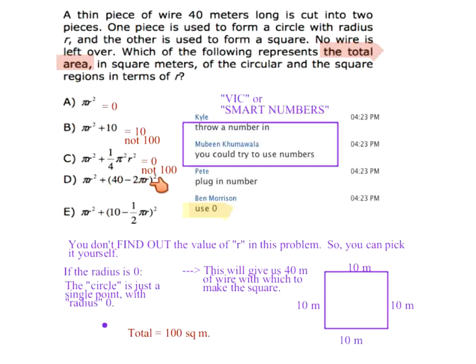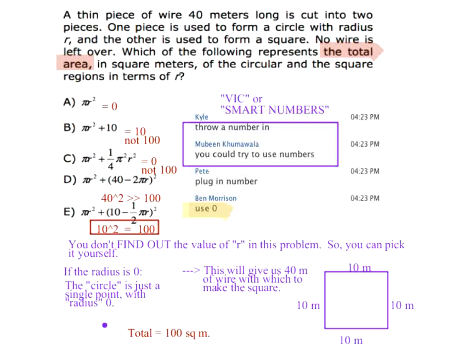This is 0 plus 40 squared. So 40 squared, even if you don't know what that is right away, is much greater than 100. And then this is 0 plus 10 minus 0 squared, so that's 10 squared, and that's 100. So there it is. Only E works.